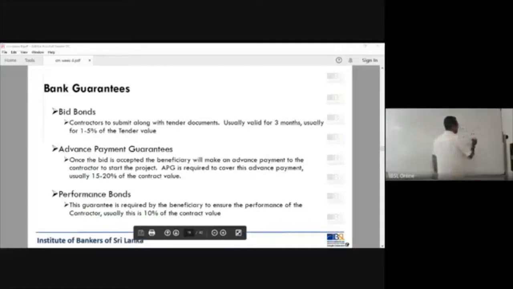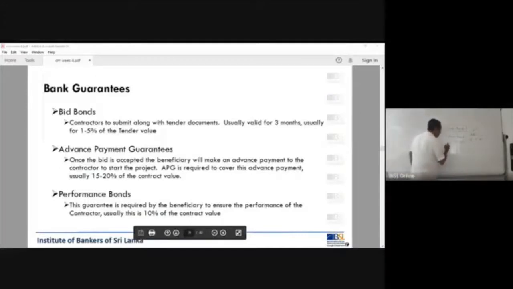Normally it is 15 to 20% of the tender value. My customer will do work at least to this amount, I'm guaranteeing the amount granted. If he does not perform, we will return this advance.